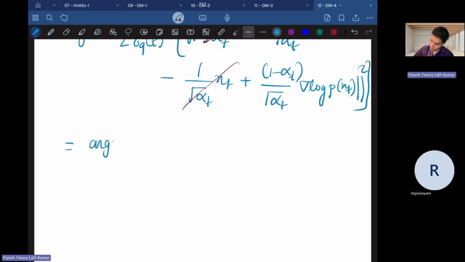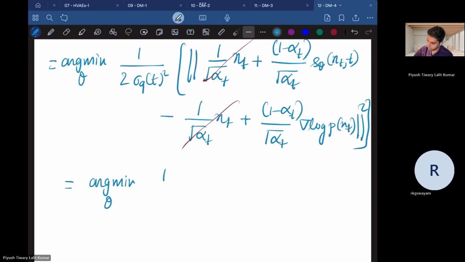This will become argmin over theta 1 by 2 sigma q whole square, and the constants will come out.